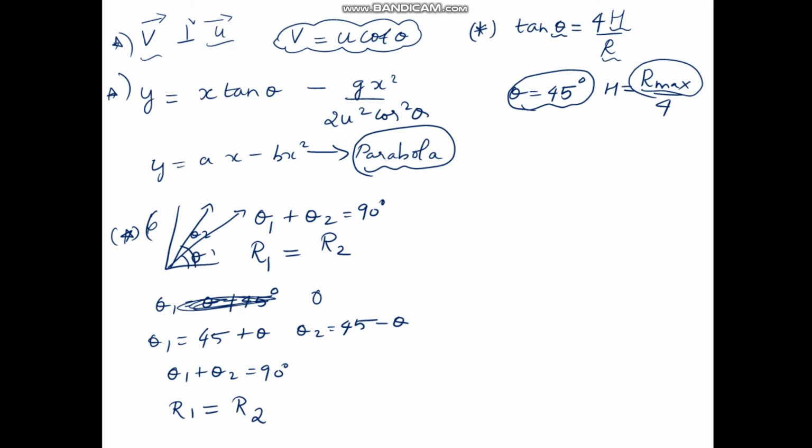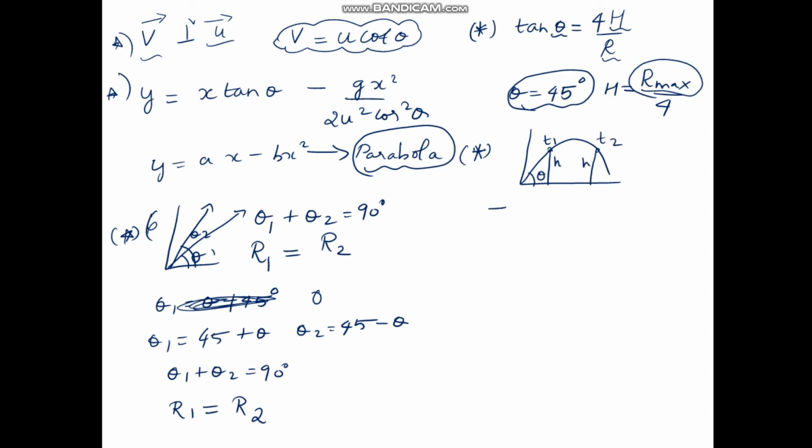Now let us see certain special cases. Suppose I am throwing at an angle theta and h is the height reached at time t1 and the same height is reached at time t2.